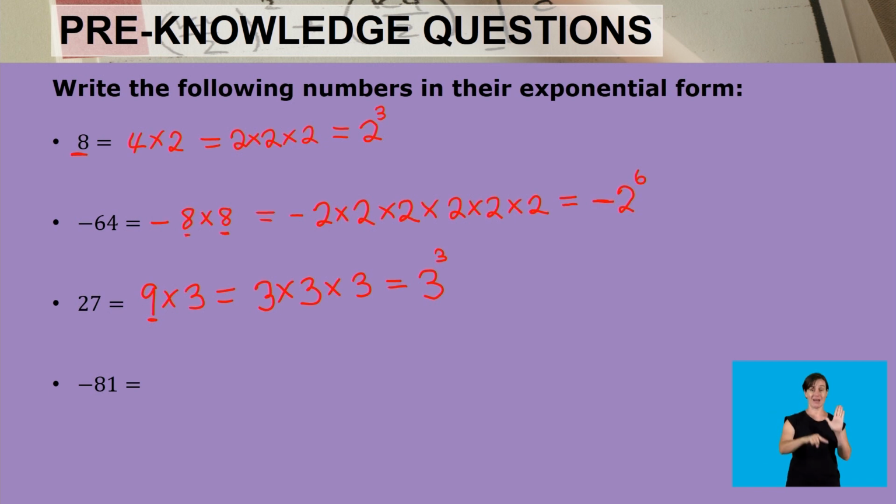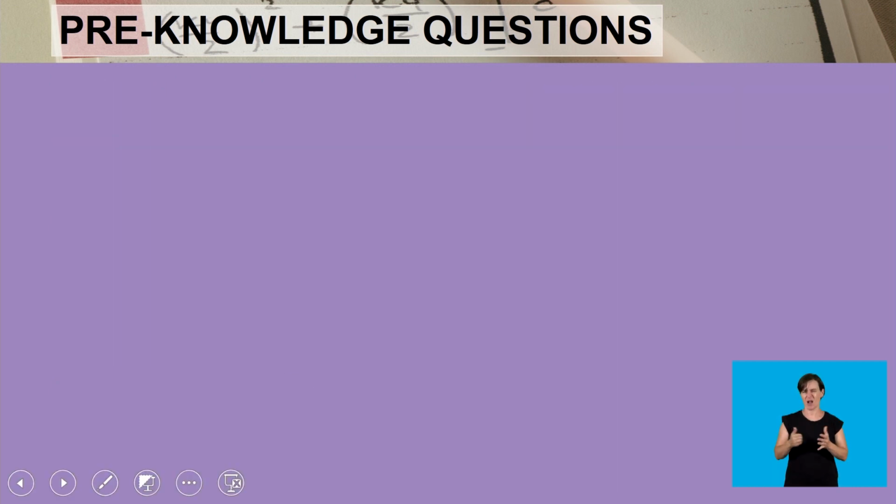We have a negative 81. So how are we going to solve for that? Now 81 comes from, firstly we have our negative, and 81 is made up of 9 multiplied by our 9. So how can we write that in our exponential form?